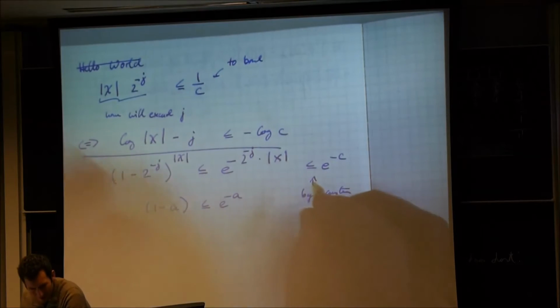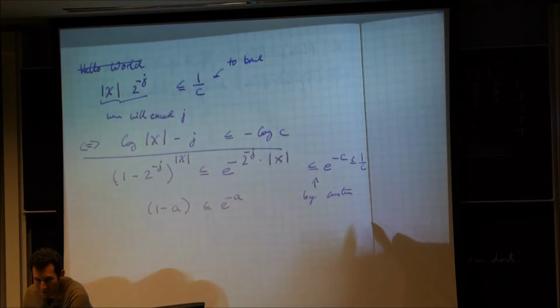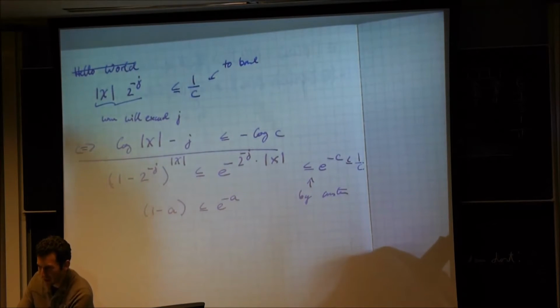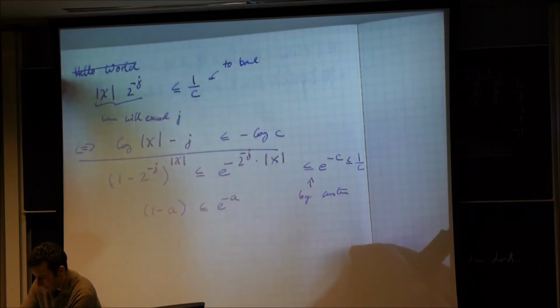And of course this is then less equal than 1 over c. So what this gives us is both an upper and a lower bound on the value that this Flajolet-Martin counter will achieve.